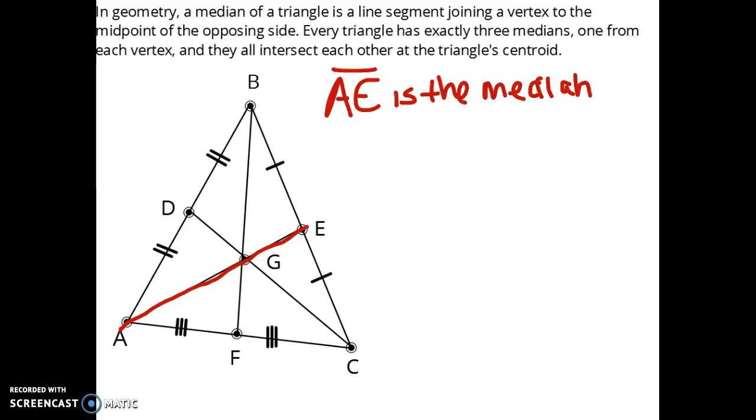And the median, clean that up a little bit, is the vertex connected to the midpoint. That means BE is equal to EC. Now we're going to find this median here, median BF.